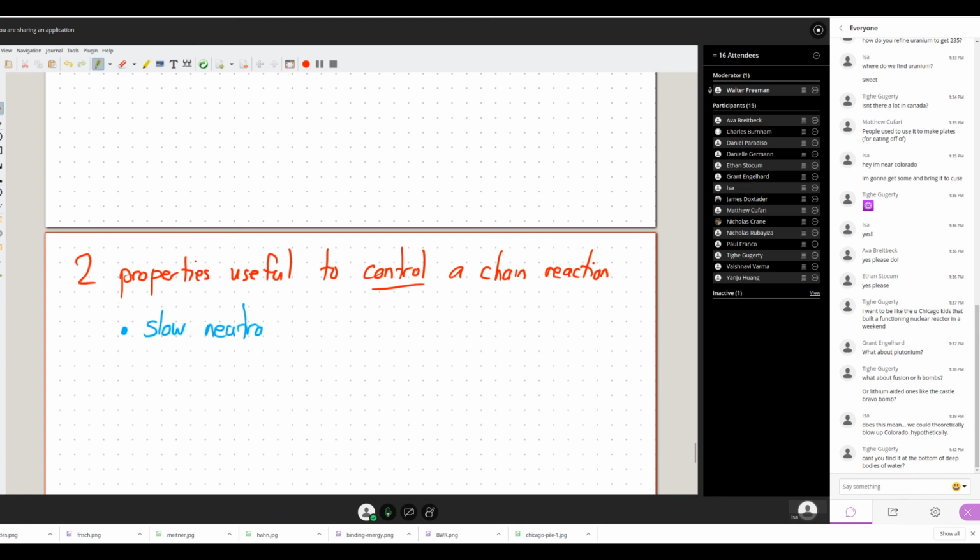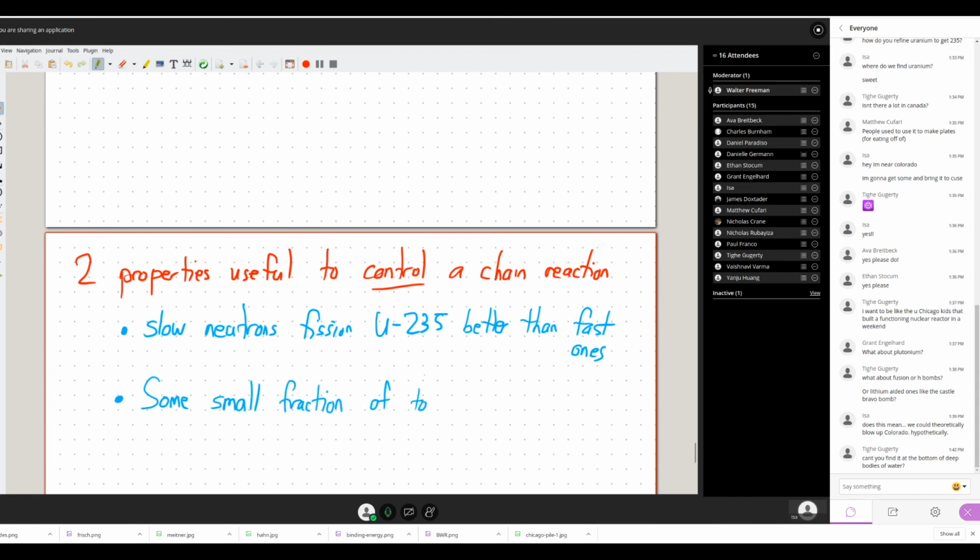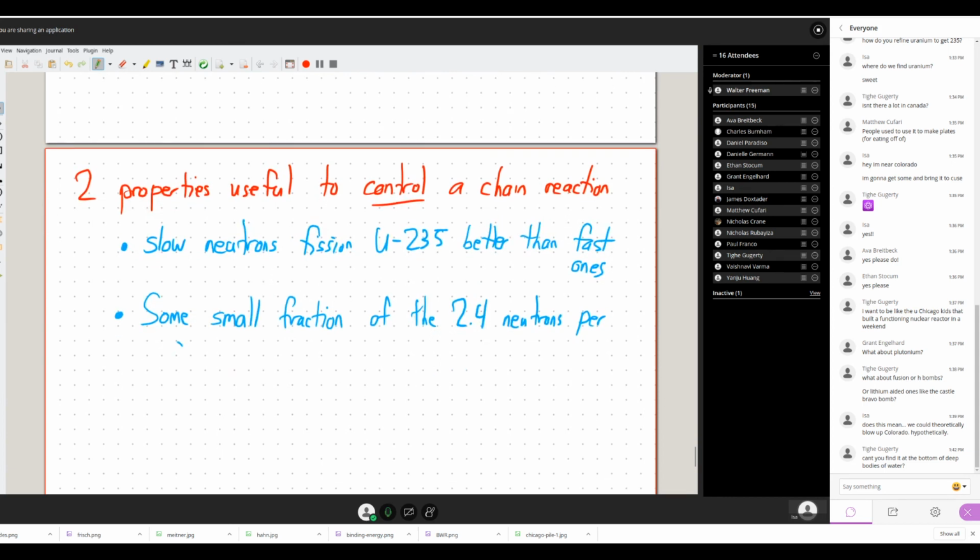One is that slow neutrons fission uranium-235 better than fast ones, and some small fraction of the 2.4 neutrons per fission actually come from the decay products, are delayed.